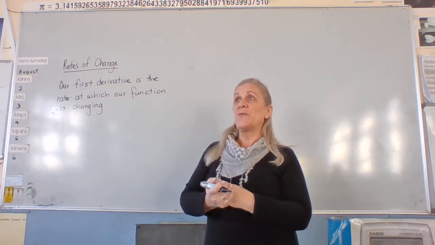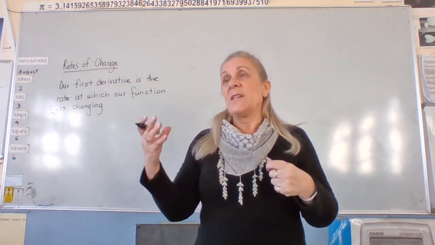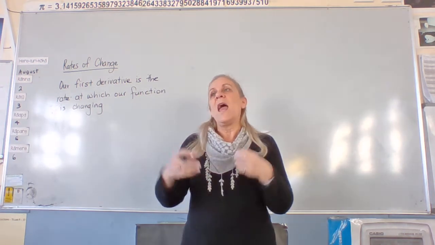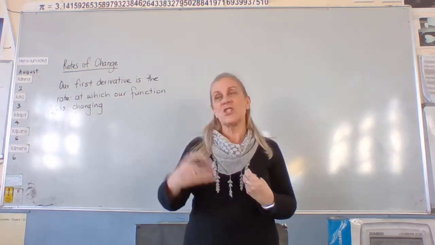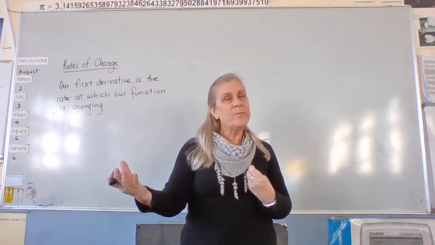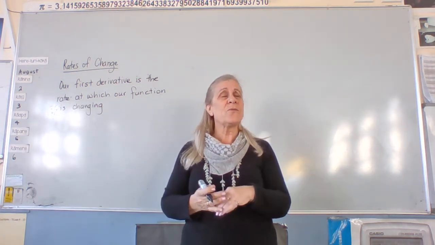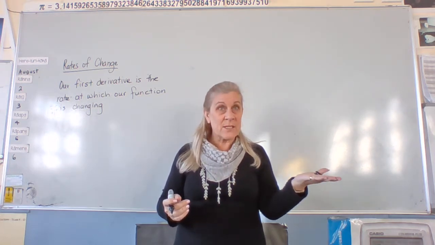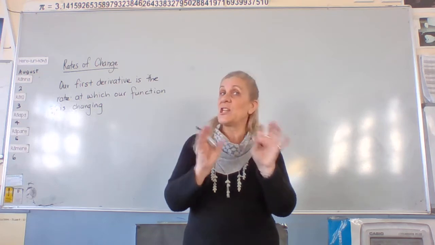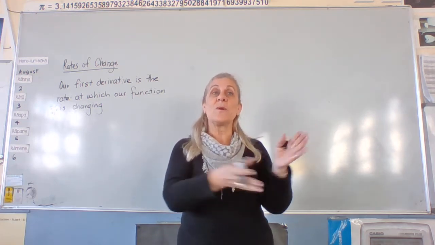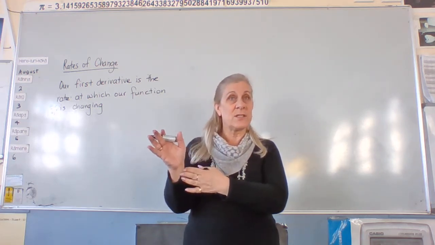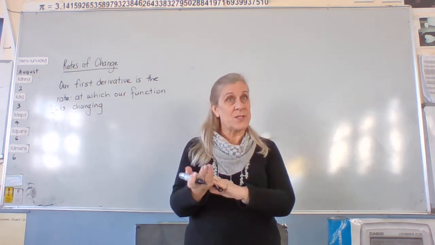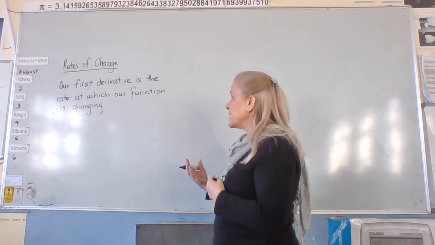So perhaps we've got a function that has time and temperature in it for measuring something, and we could find out the rate at which it's changing with respect to time. That's a common one, but we could also find out what the rate of its changing with respect to temperature is. So that's where our implicit differentiation could come in. We'd be looking at the other one and treating the other one as a constant. So we don't care what's happening to the time, we only care what's happening to the temperature, or vice versa. All right, so that's where implicit differentiation might come in.